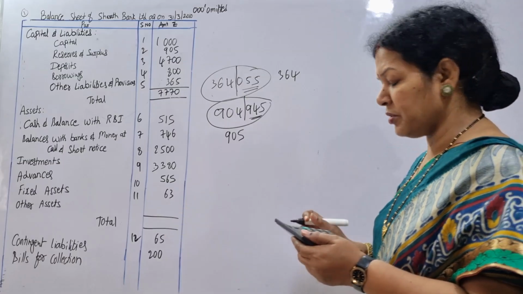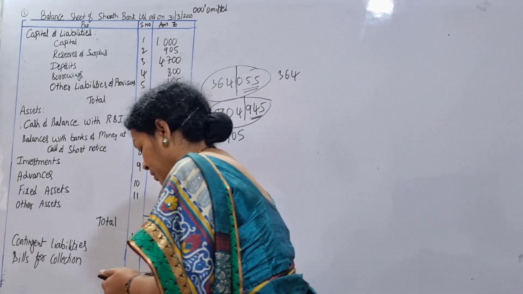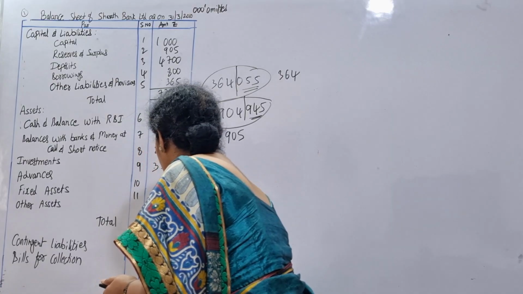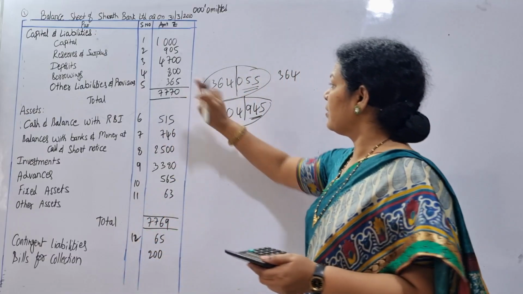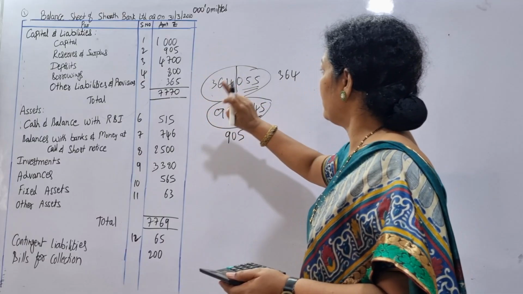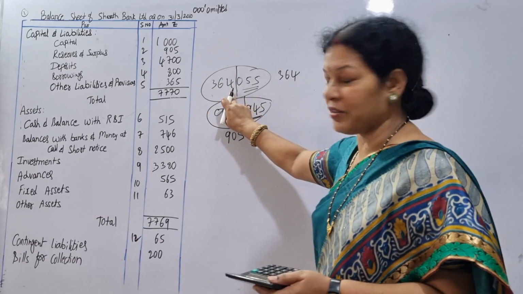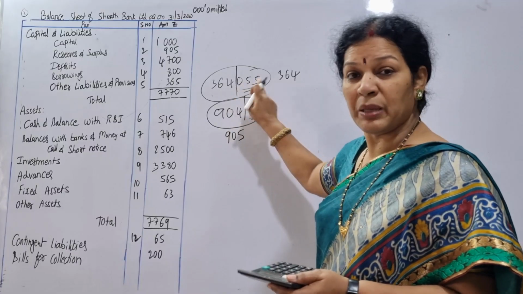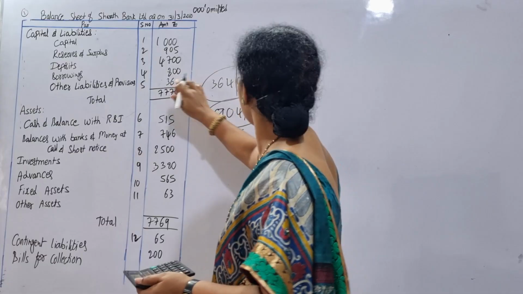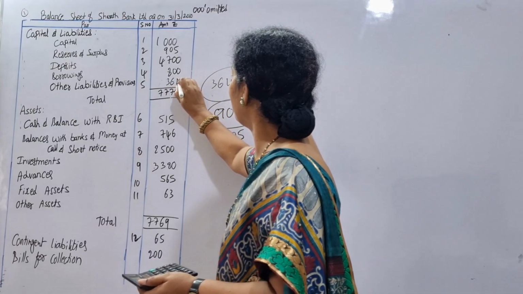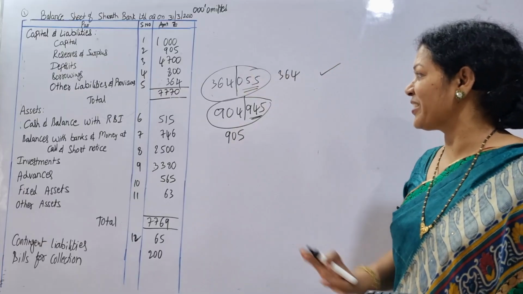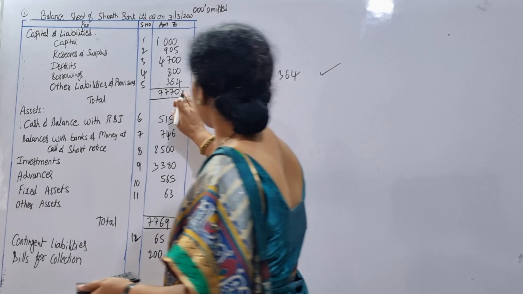So it's coming to 7769, 777 and 7769. Here it is 70. What happened? Yeah, 364 this is. 055 means 364 only. So by mistake I have written here 364. While explaining, I said 364 posting. Okay. So this comes to 7769.